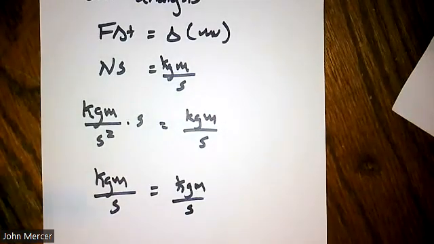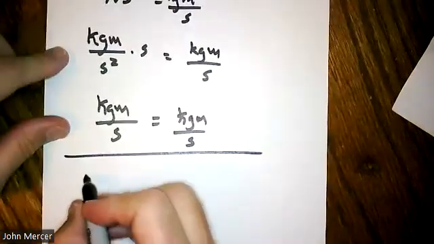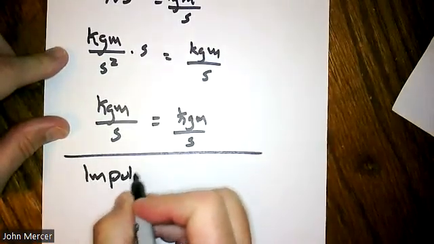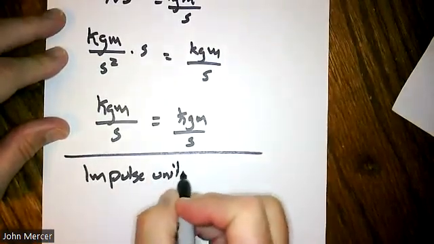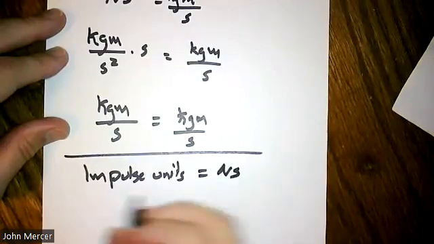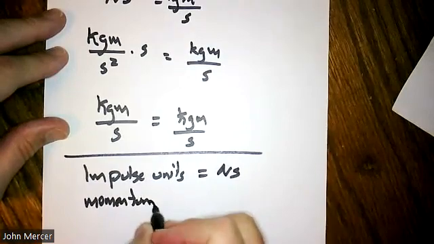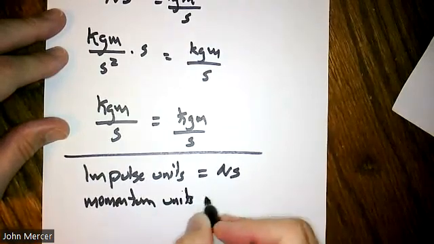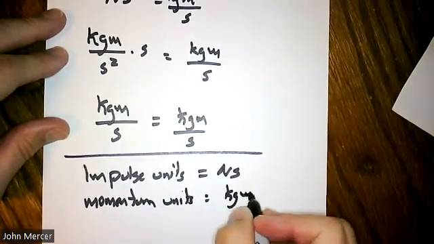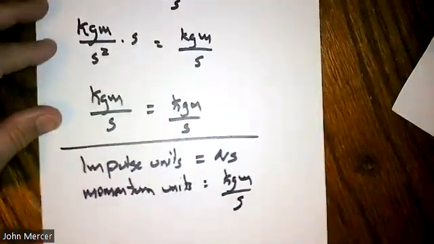But it's mostly correct to say impulse units are Newton seconds and momentum units are kilogram meters per second. That's the acceptable way.